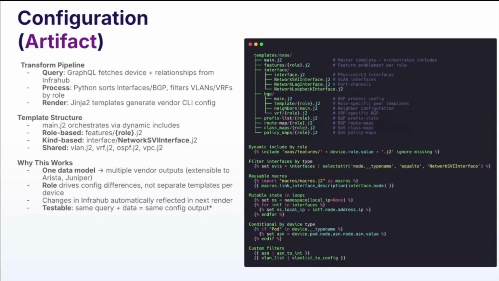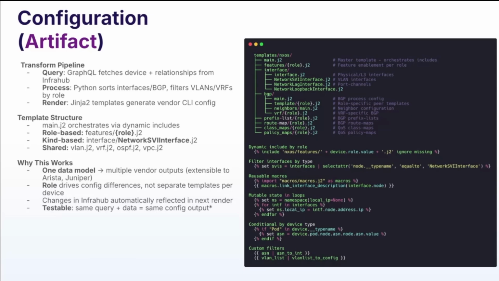So we built a GraphQL query that queried for the device information and the relationships from Infrahub. We took some of that and used a Python transform to do some underlying filtering and some processing under the hood. And then we used Jinja templates to render the configuration.